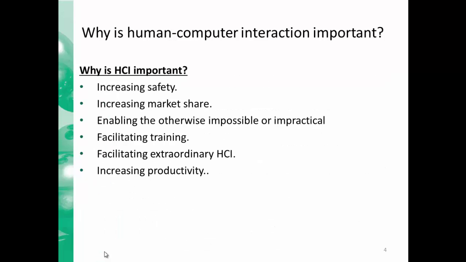Now, why is human-computer interaction important? Because when you have a good user interface built on the principles of human-computer interaction, then the safety of the user will be increased. Also, when people like your interface, they will like the system, and it will increase the market share for your application or your system.